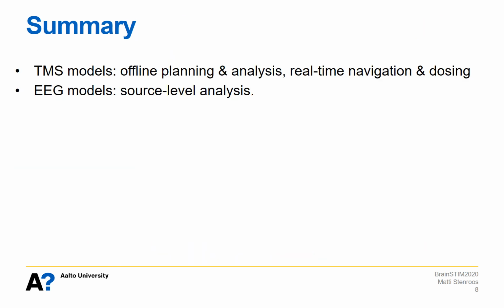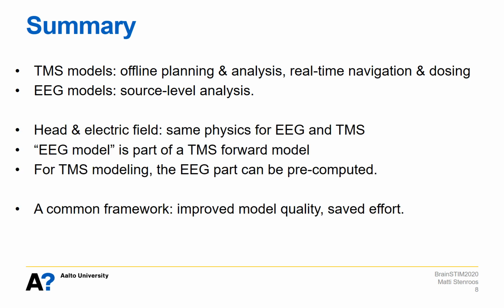In summary, in TMS, forward models are used for offline planning and analysis and real-time navigation and dosing. In EEG, they are used for source-level analysis. The physics of how the head interacts with the E-field is the same for TMS and EEG, and the EEG forward model can be formulated as a part of the TMS forward model.